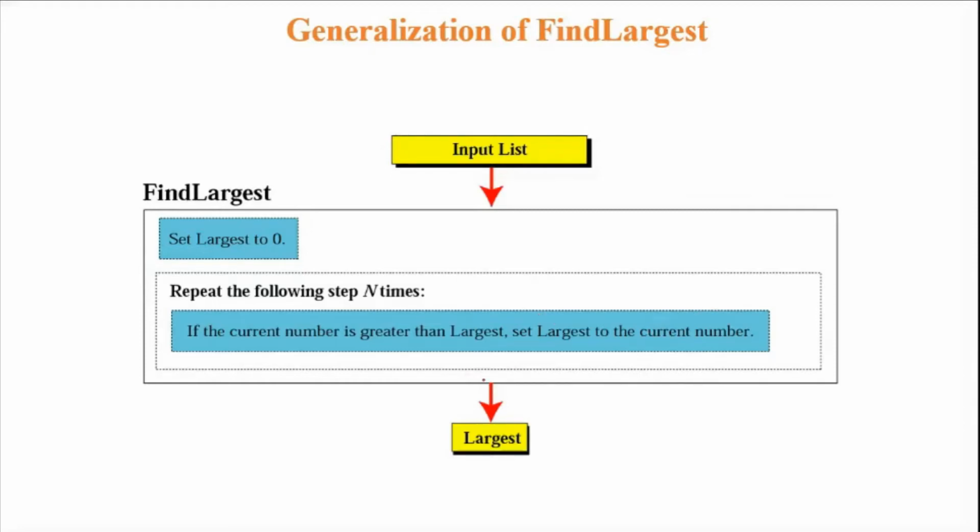Then finally we print the largest value. Only this much is enough for the find largest algorithm. From the initial crude algorithm, we have come down to a very small algorithm. All the steps are involved, but the number of lines to be written is only 3 or 4.